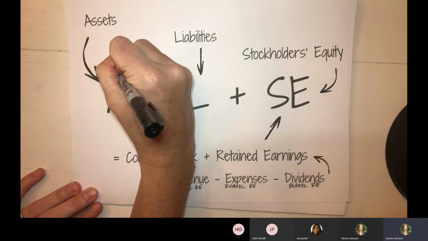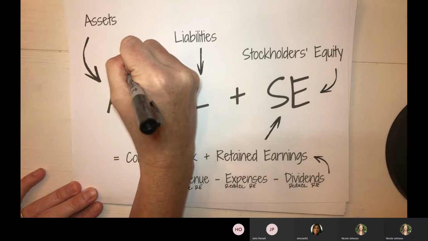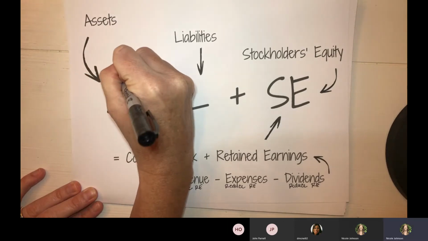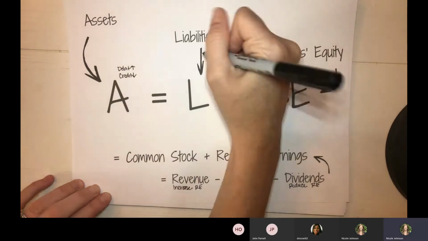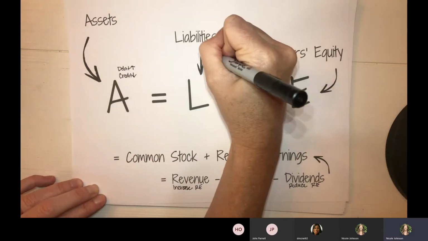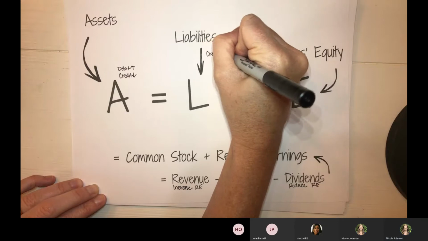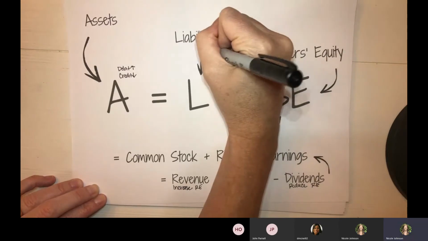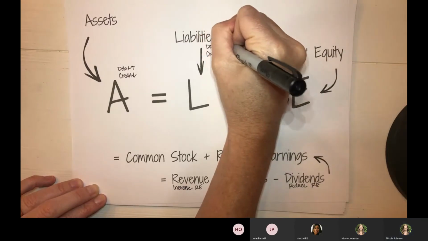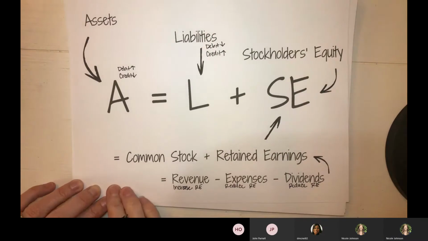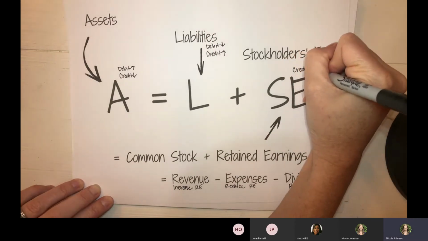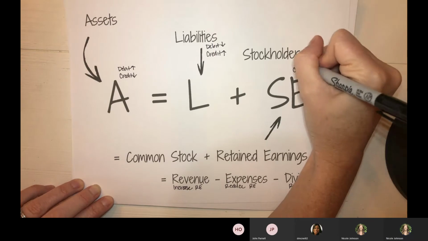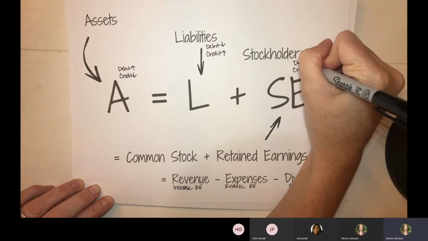Assets increase with a debit and decrease with a credit. Liabilities increase with a credit and decrease with a debit. Stockholders' equity increases with a credit and decreases with a debit.